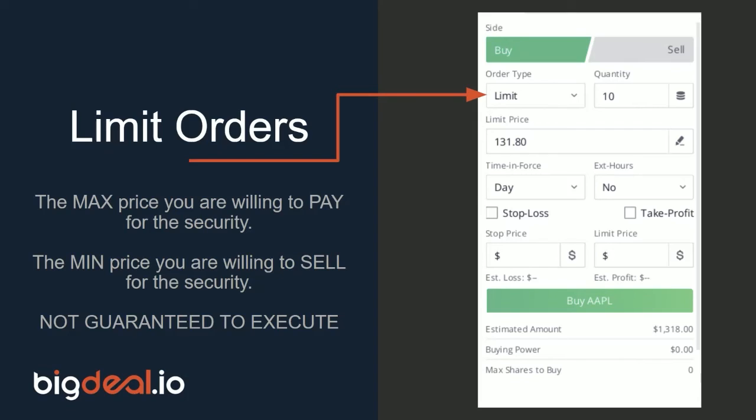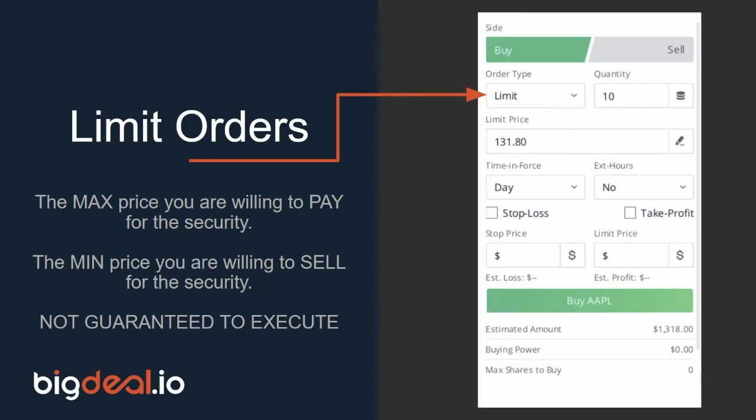Conversely, a sell limit order is the minimum price that you're willing to sell the security for.